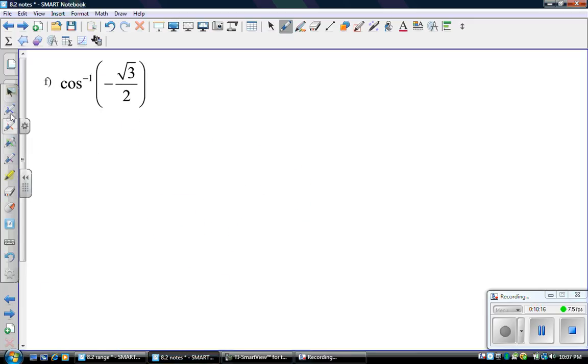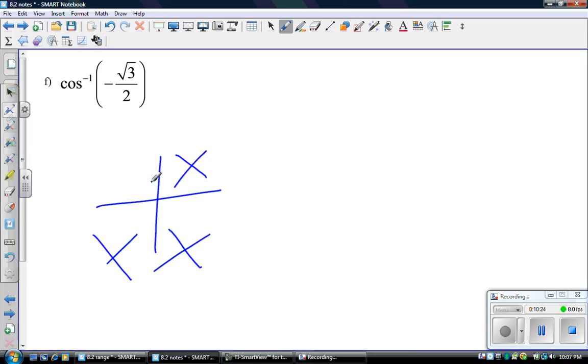And letter F, I'm doing inverse cosine. So again, cosine means cut out the bottom two. Since it's negative, cross out quadrant 1 because I need negative, and then I go, okay, what triangle has an adjacent, because it's a cosine problem, of root 3 over 2? Well, the one that has the adjacent of root 3 over 2 is a 30-degree reference triangle.